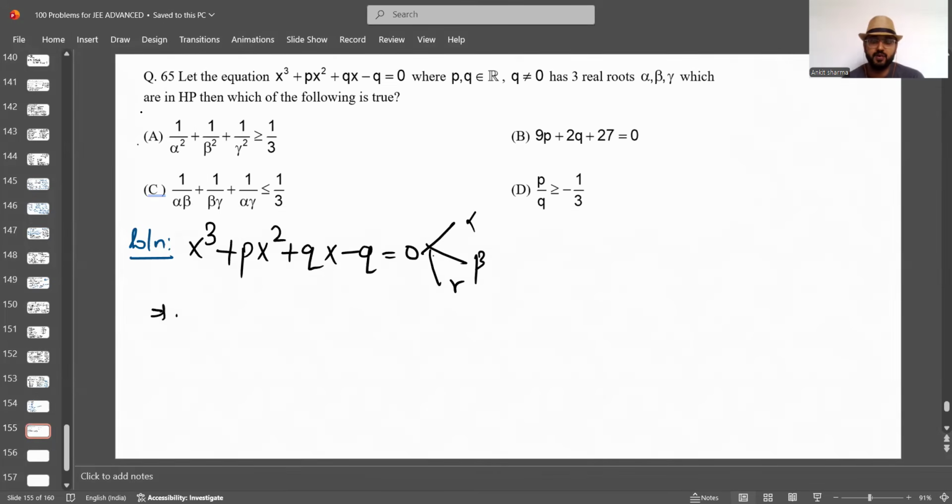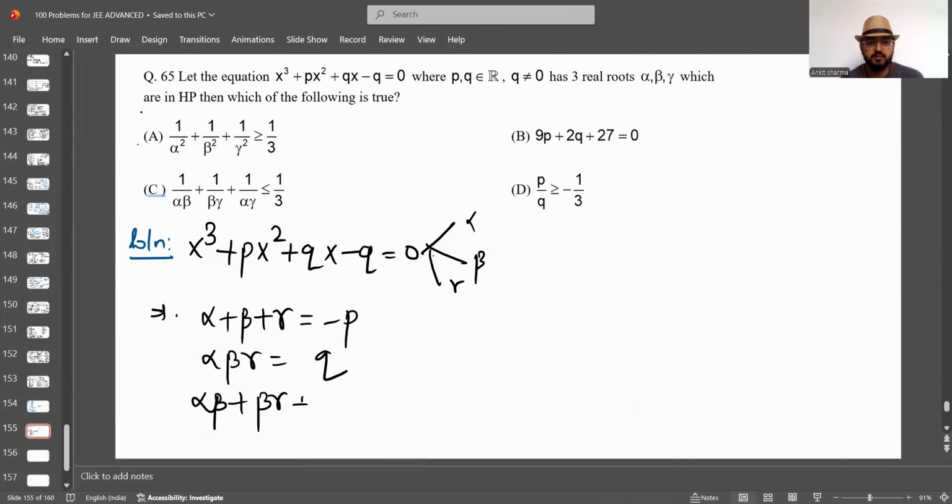So even if we have no idea, still we will think about the sum of roots. So alpha plus beta plus gamma is going to be minus p. And then alpha beta gamma is going to be q. Then the double sum, alpha beta plus beta gamma plus alpha gamma is going to be q.